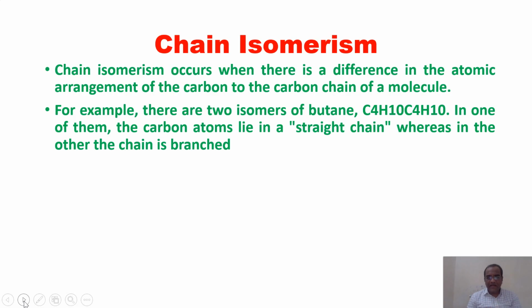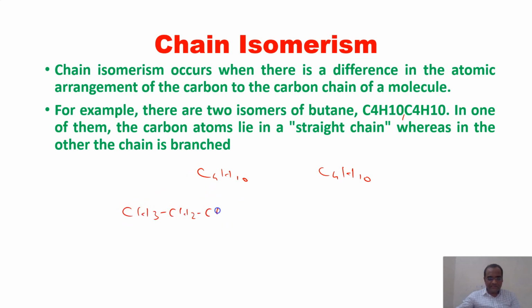So butane has a molecular formula C4H10, and we will see both the structures. One of them has carbon in a straight chain, whereas the other is a branched compound. I will write here the molecular formula, firstly C4H10, and the second molecule is also C4H10. Only the carbon chain is different.